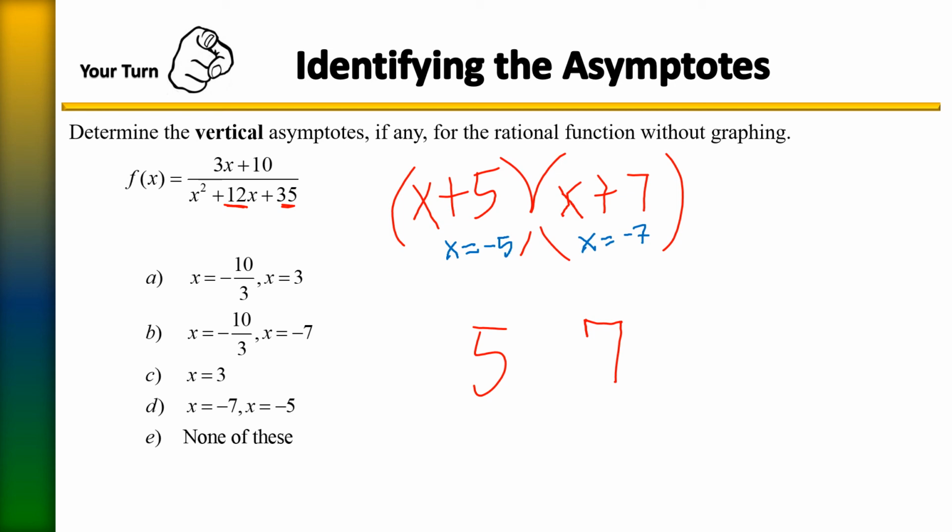So this is where our vertical asymptote is going to occur. We're going to have a line passing through the x-axis at -5, and then we're also going to have a line passing through the x-axis at -7. So that would be choice D.